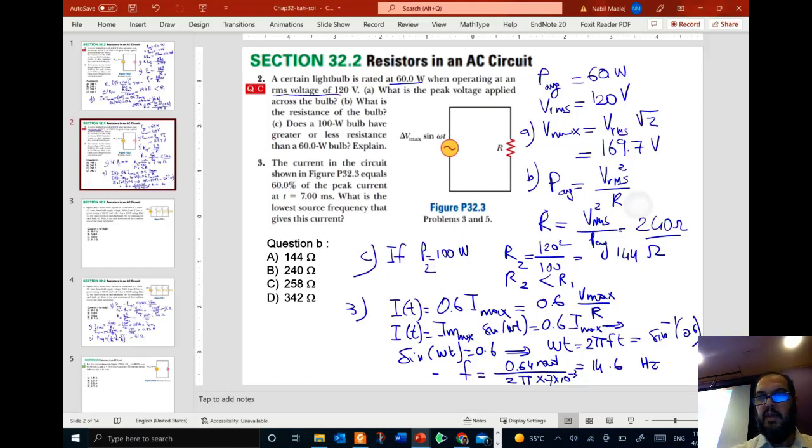Part B. So what's the problem with part B? The average power is V RMS squared divided by R. No, that's different. Now, V RMS is already given here.